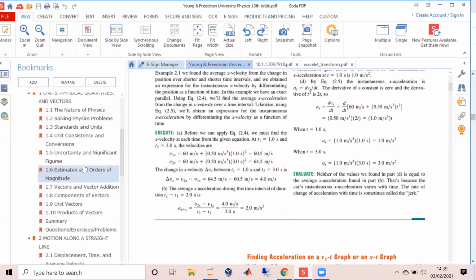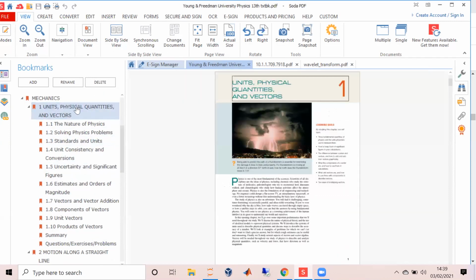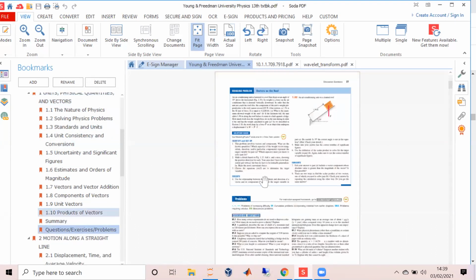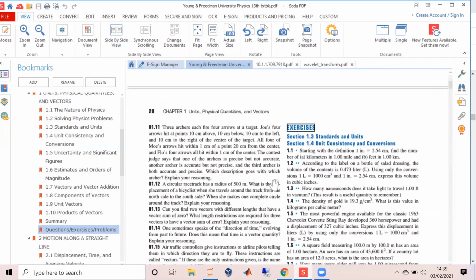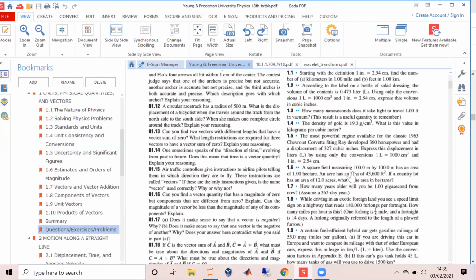Okay, so for the next week, I would like you to go through the first unit, the first chapter, which is units, physical quantities and vectors, please. Okay, read it carefully. And so far, solve the questions 1.95 and 1.75.